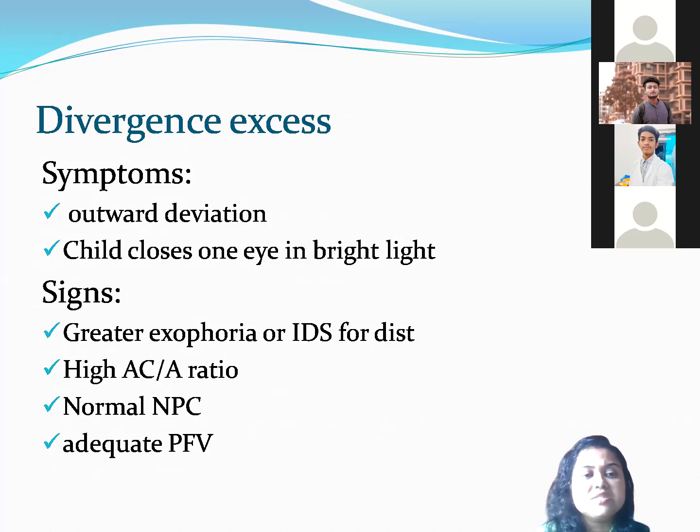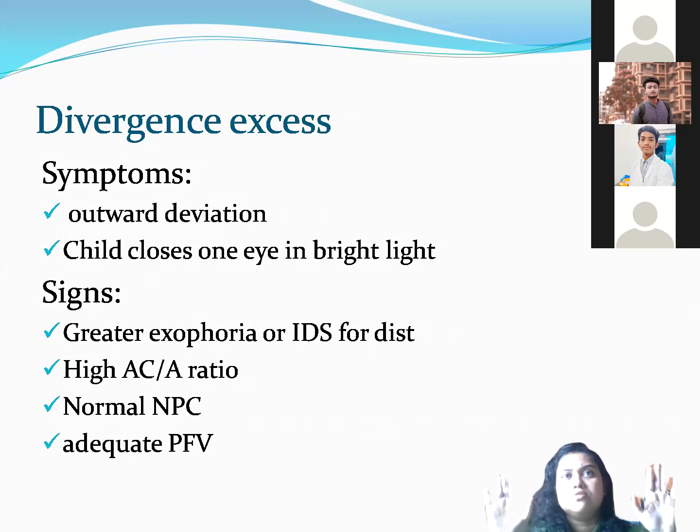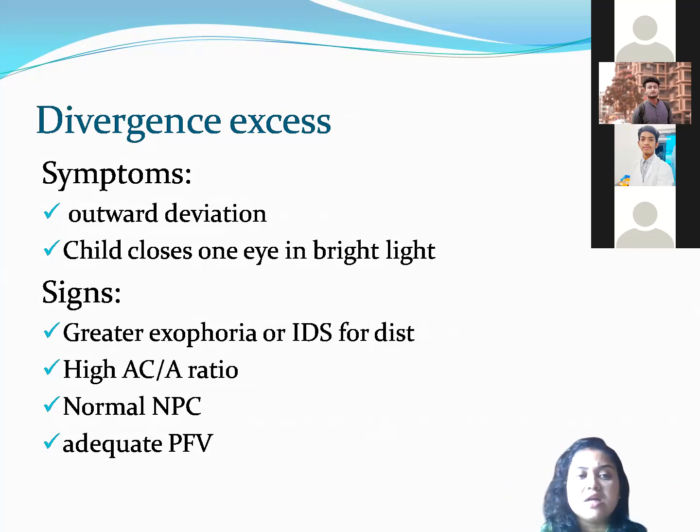Mainly these patients come with a complaint of exotropia at distance, meaning that when the patient looks at distance, the eyes will go out like this. That is an intermittent divergence squint, because sometimes there is exotropia and sometimes there is not.